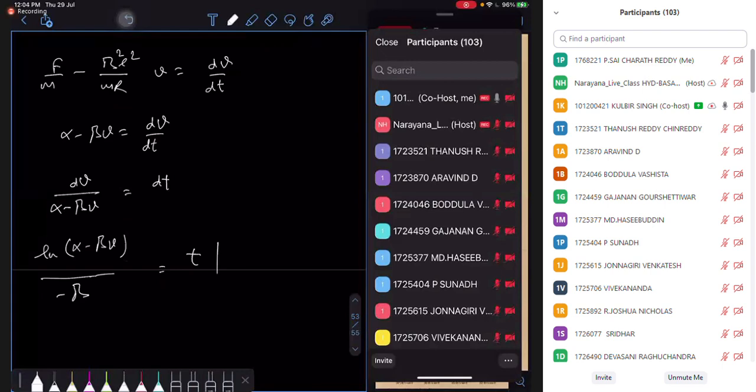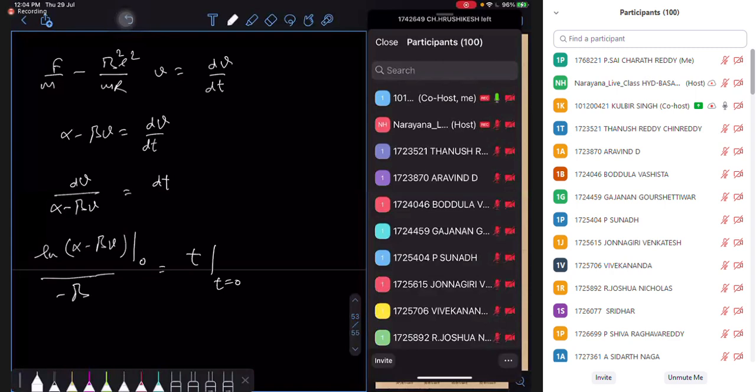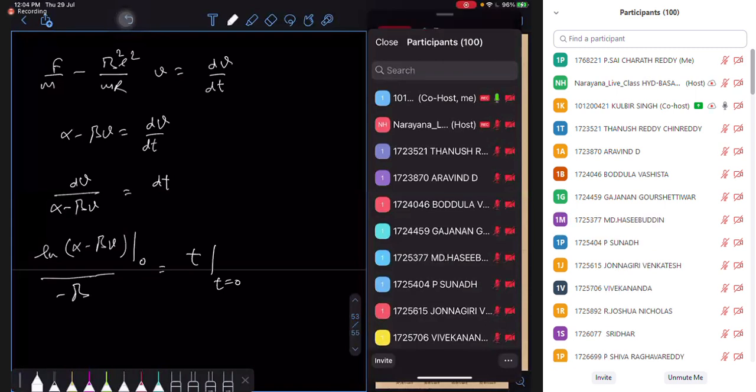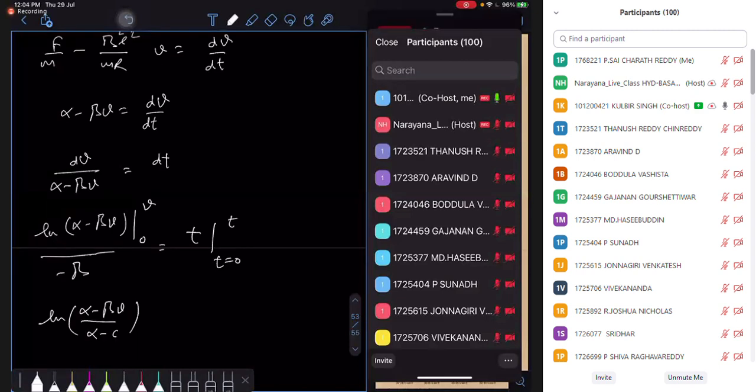Limits also play a very important role here. At time 0, velocity was 0. It was not moving in the initial situation. At time t, I can take velocity v. Now if I put the limits, upper limit is alpha minus beta v, lower limit is alpha minus beta 0.